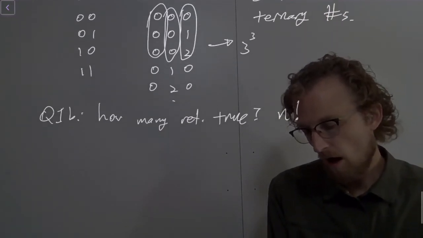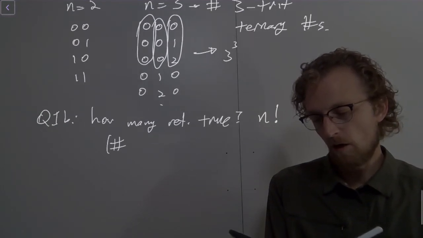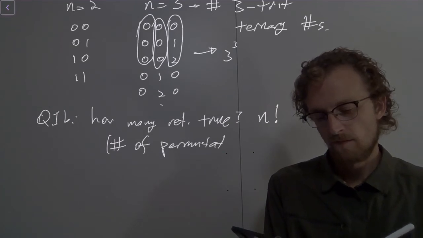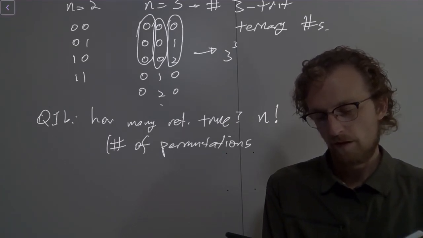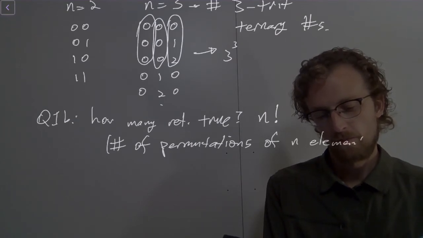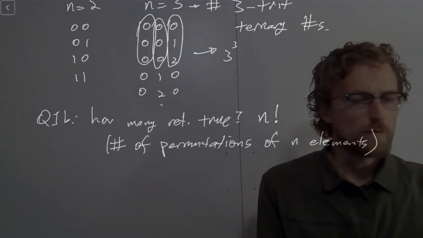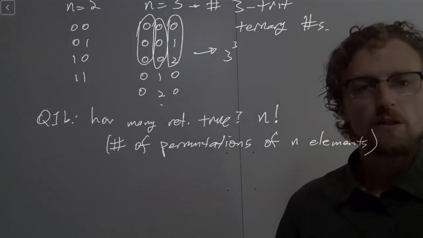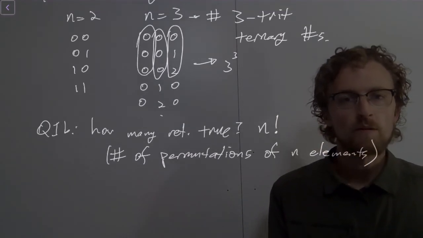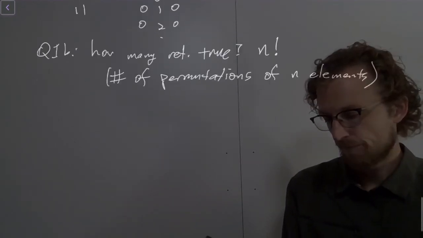So how many return true? n factorial, because this is just the number of permutations of n elements. Okay, so that's how I derived that one. And again, we'll do this several times throughout the semester, but it's very useful to be able to sit down and look at a combinatorics problem and say, I can connect this to something I know, and then solve it.